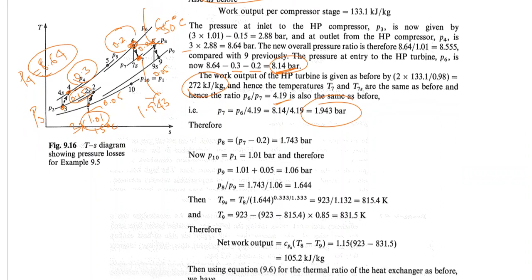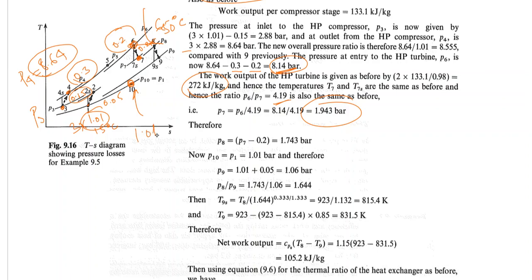To find out the actual pressure at 9, I have to go to the other condition, which is the condition at the exit of the regenerator towards the air, or the exhaust duct actually. The exhaust duct is exhausting at atmospheric, so exhaust is at 1.01 bar.